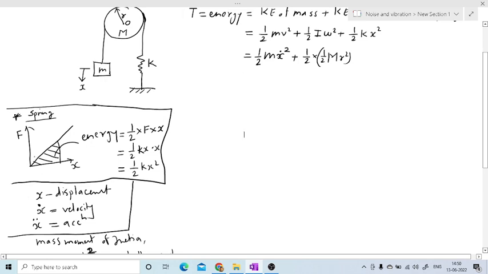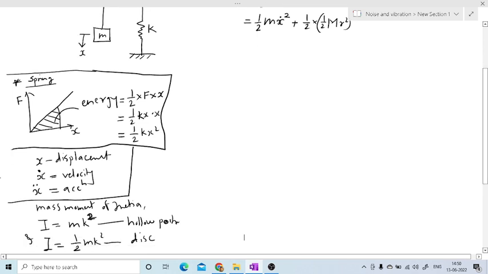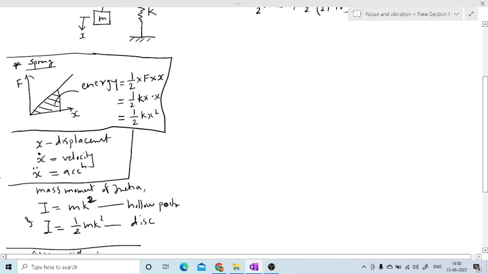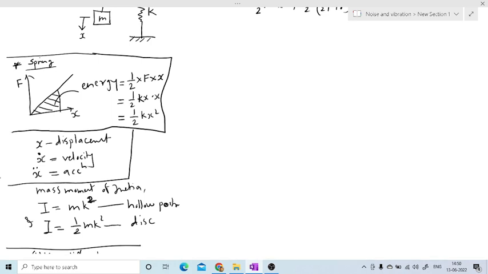Again, if you look at the left side, I will show you the mass moment of inertia. Normally we write I is equal to mk square, as in the third one, but this is normally for hollow portions.